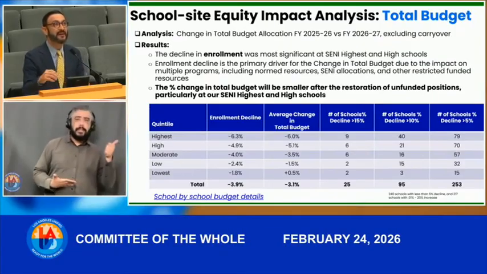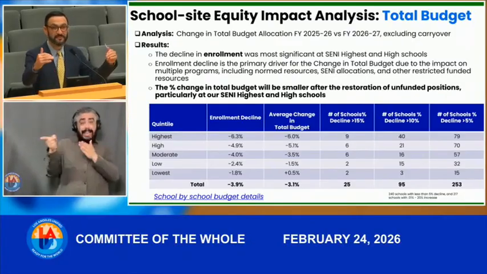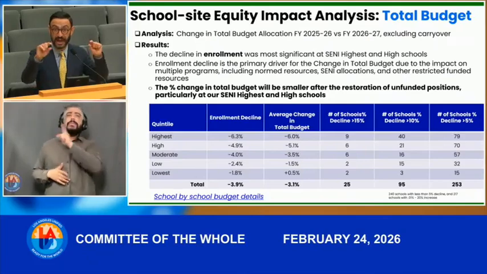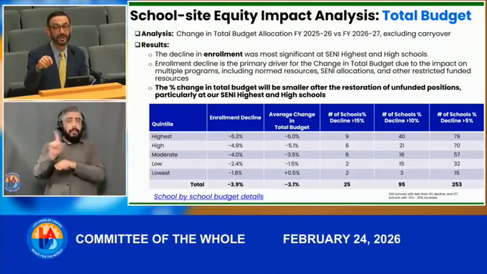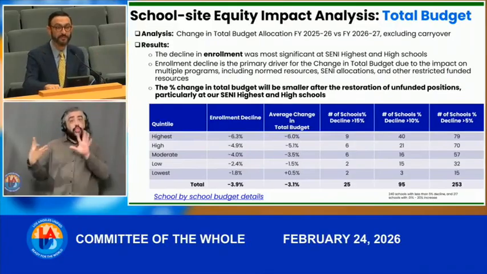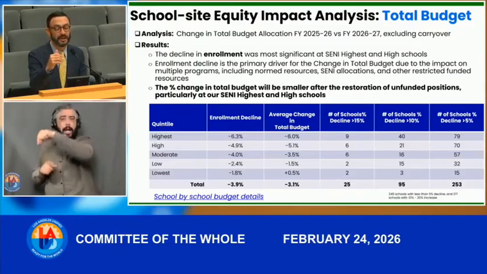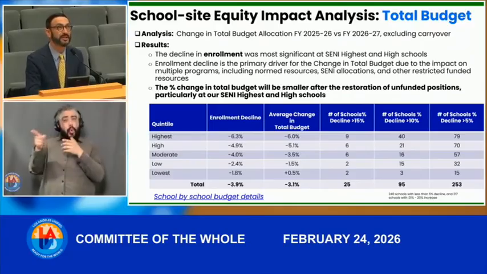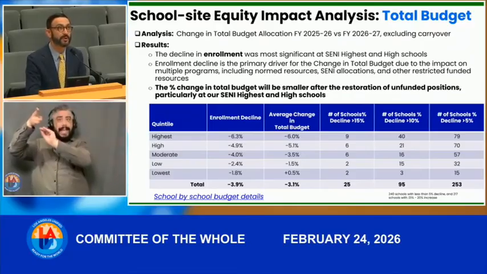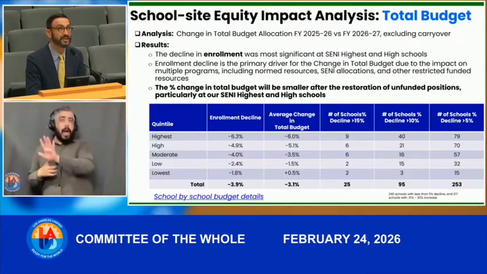The average change in total budget, which is the next column, very closely tracks those average percentage enrollment declines. This is also an average of the schools within each quintile. For highest, 6% year over year, for high, 5.1%, for moderate, 3.5%, for low, 1.5% decline, and for lowest, an actual 0.5 percentage point increase.